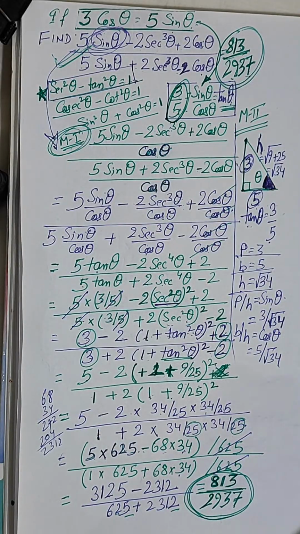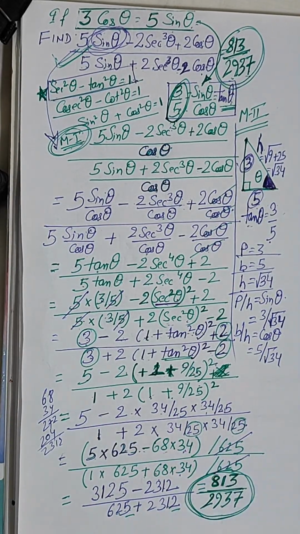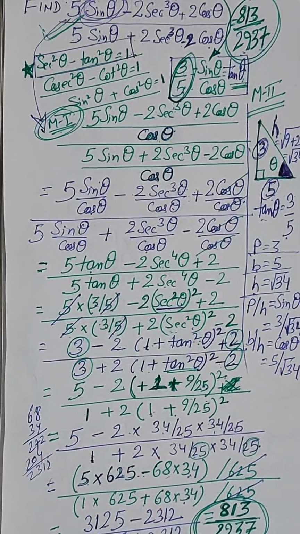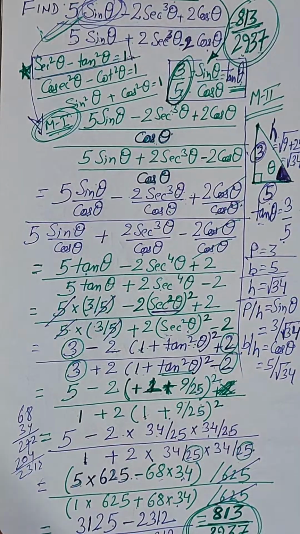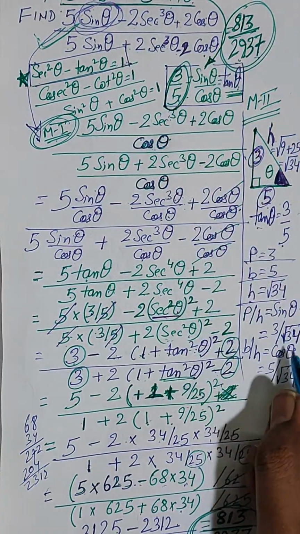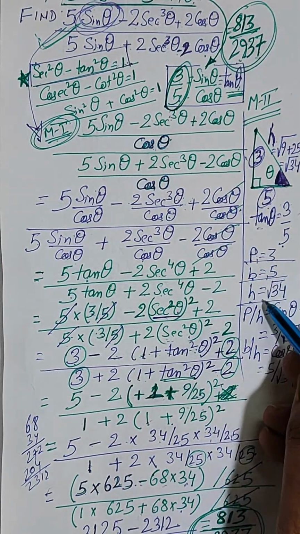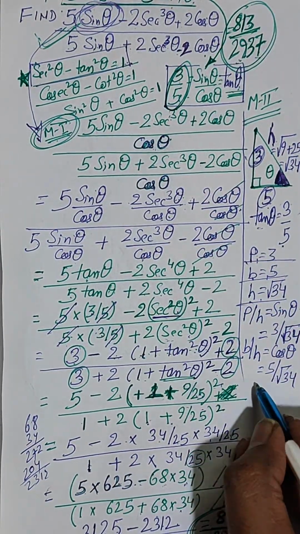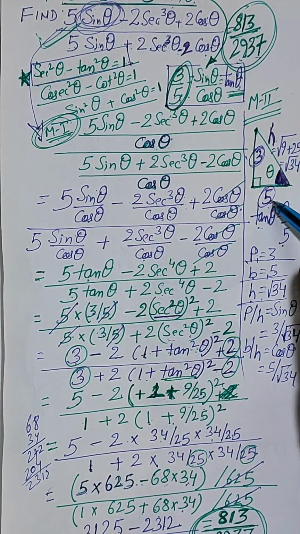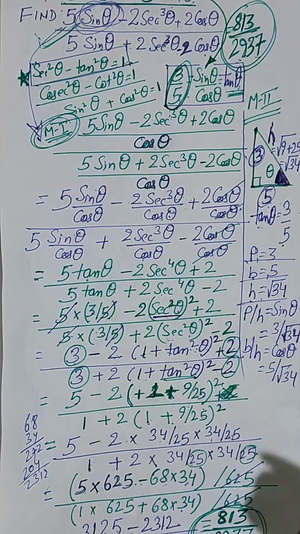So how will we find sec cube theta? If you know p, b, and h, then sec theta is the opposite of cos, not b by h but h by b.